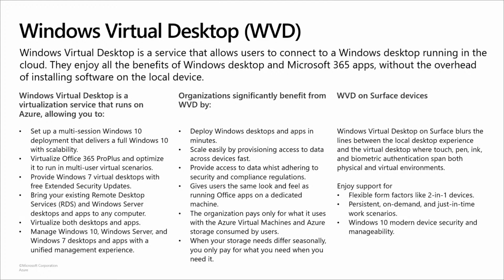Similar to what used to be referred to as old terminal server or remote desktop. This is allowing you to connect right into a desktop running a full operating system, whether it's Windows 10 or even older versions of Windows that you may need to keep around for backward compatibility for some other product, or even Windows Server.